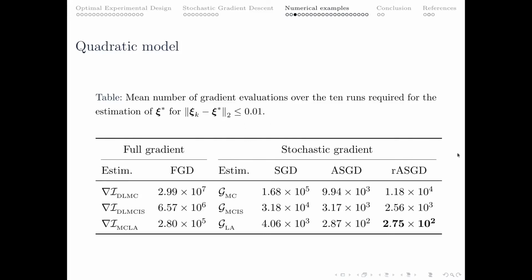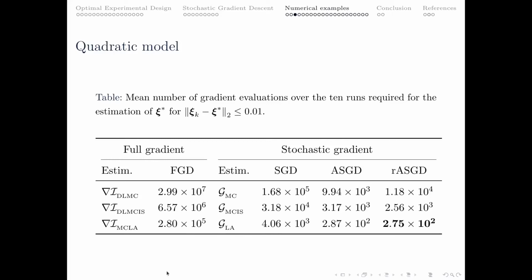So here in this table I am presenting you the average cost in number of gradients over 10 runs to get to the stop criterion for different optimization methods: full gradient descent, stochastic gradient descent, accelerated stochastic gradient descent, and with restart, and different estimators where we use Monte Carlo for the marginal likelihood, Monte Carlo with importance sampling, or the Laplace approximation of the posterior.